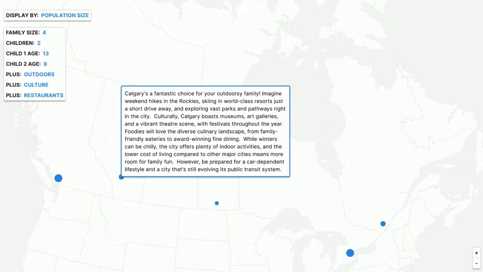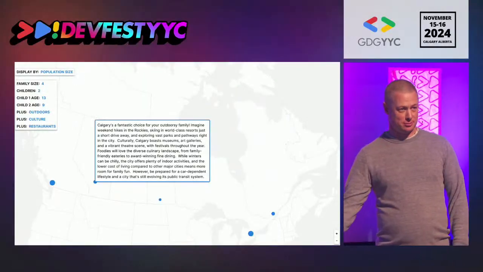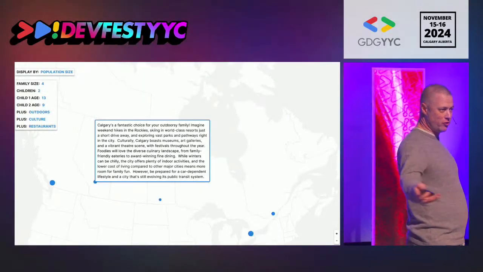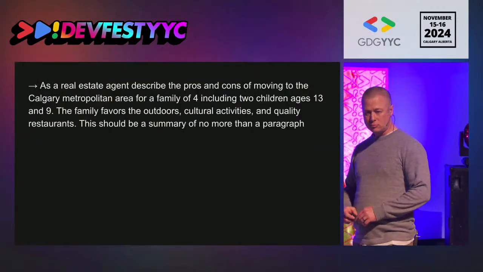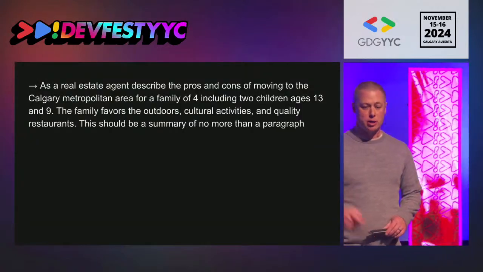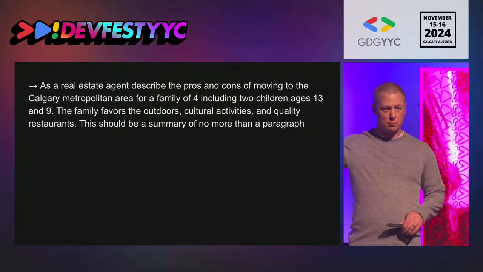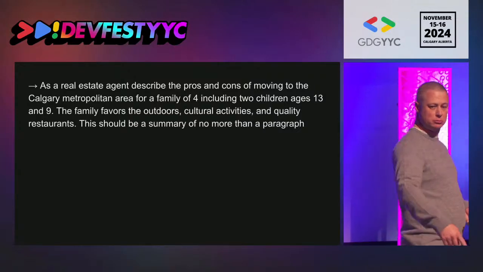That checked a lot of boxes right there. I doubt that had I asked Gemini or ChatGPT to tell me where my lifestyle might fit, that it would have given me that information on its own, right? This is the prompt that I used to create that text based on the UI we just saw.